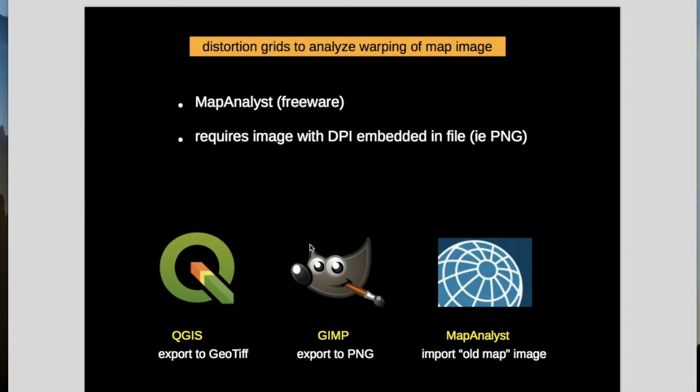And then I will load that GeoTIFF into an image processing software. I use another freeware called GIMP, and I'll export that to the PNG file. That will have the embedded information I need to bring the old map image, they call it the old map image, into Map Analyst.